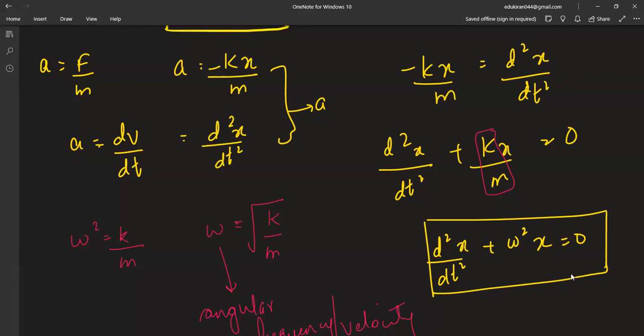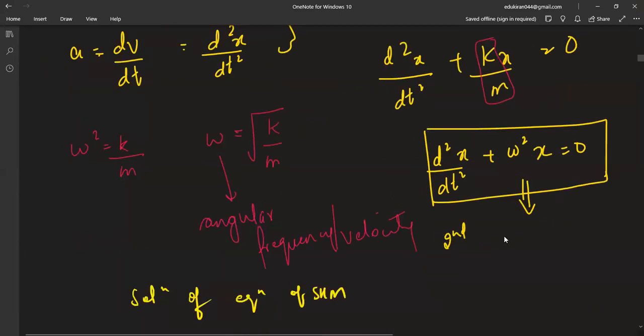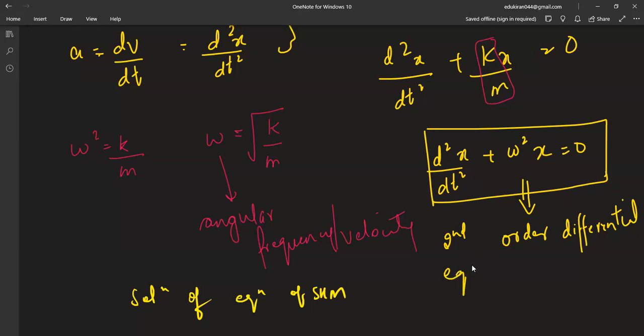This is known as the second order differential equation of SHM.